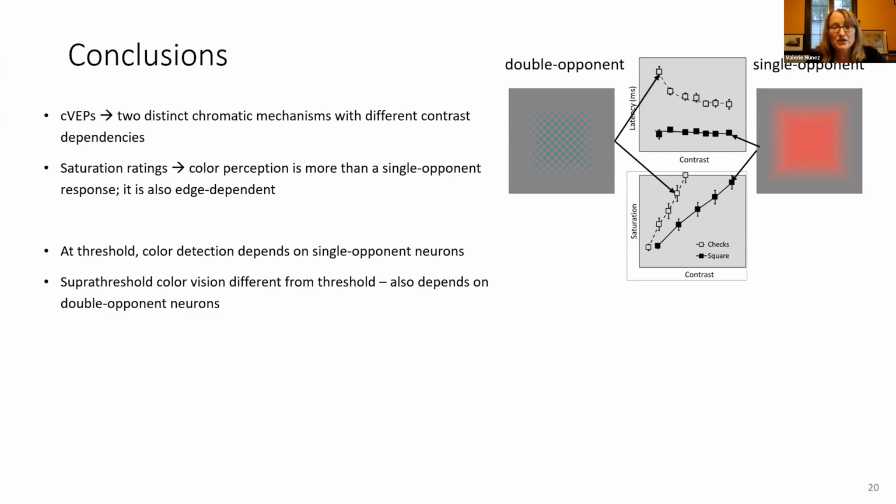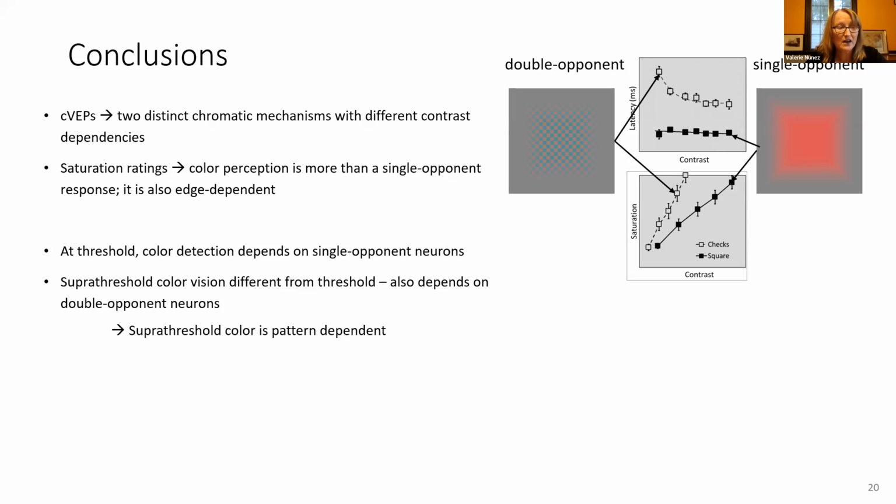Now, one explanation might be that as the two different mechanisms have different dependencies on contrast, their relative contributions change with contrast. So while color perception at threshold may be low pass, above threshold, double opponent neurons contribute more to color perception. Therefore, suprathreshold color is pattern dependent.